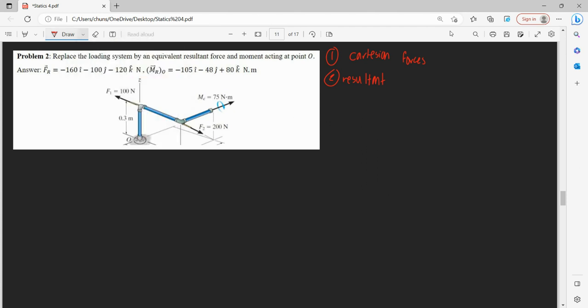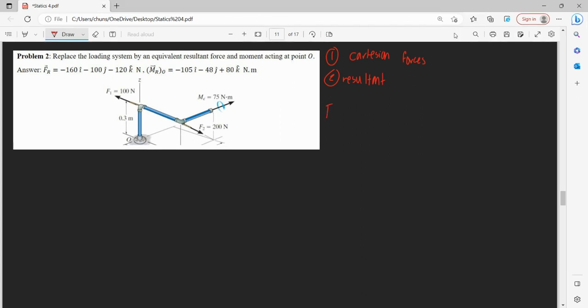So let's start with our F1. F1 is, so our magnitude is 100. And if we wanted to take our unit vector, actually let's start with our position vector first. So it originates from this point out.